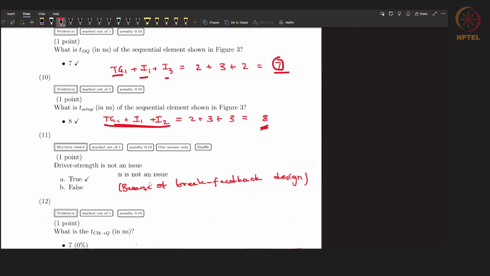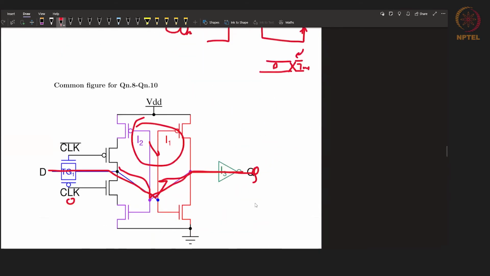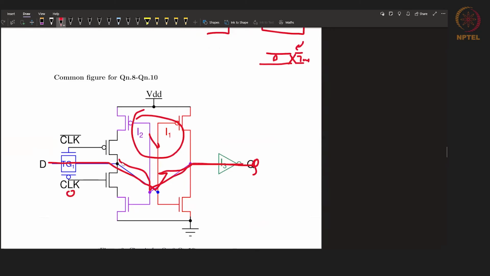Driver strength is not an issue. Here we're using the break the feedback design. What do you mean by breaking the feedback? When clock equals 0, there is a particular path that is broken. It is not trying to overpower. If you were to take the example of overpowering feedback, let's say there was this kind of a setup, and this TG has to now overpower and pass the value over here.